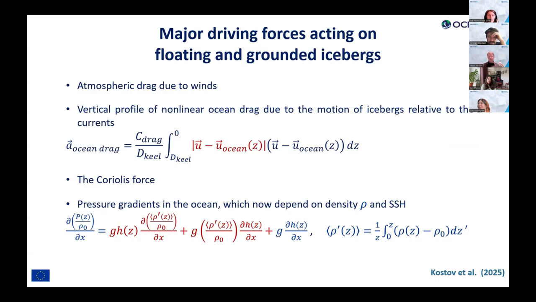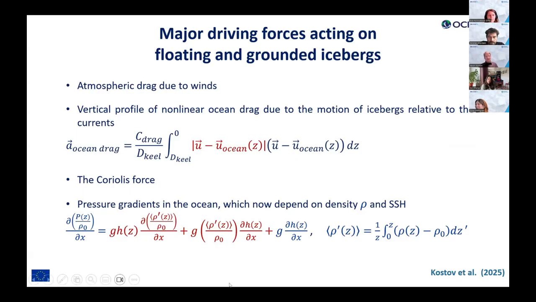They also push icebergs that are grounded, but also icebergs that are in free flotation. We once again improved that in the NEMO iceberg algorithms because previously the pressure gradient force acting on icebergs was only represented with this blue term. So it was only approximated as a function of the sea surface height h.